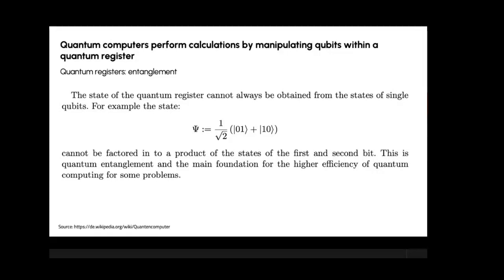If Bob measures his qubit, Alice doesn't have to measure hers anymore because she knows that it has the opposite spin, or the same spin if the entanglement is positive. So what you do in a quantum computer is you create entanglement, then you manipulate only one qubit, and by doing this you manipulate all the other qubits as well.